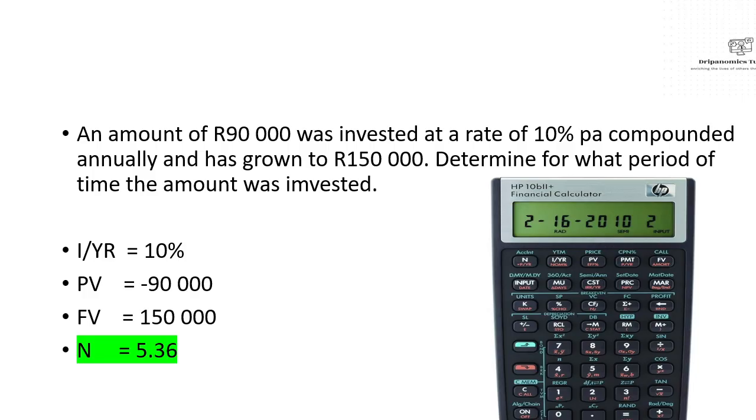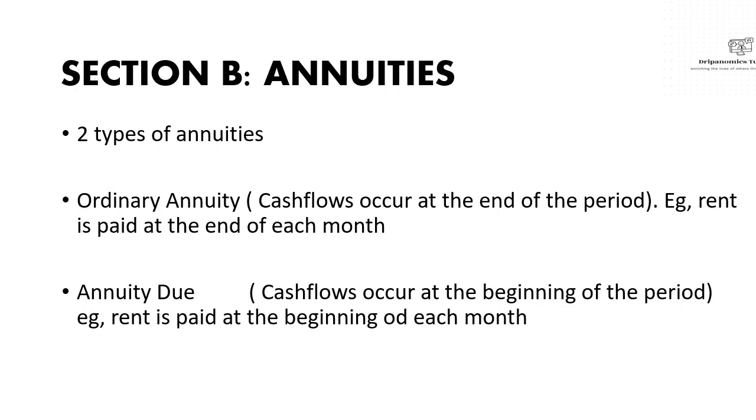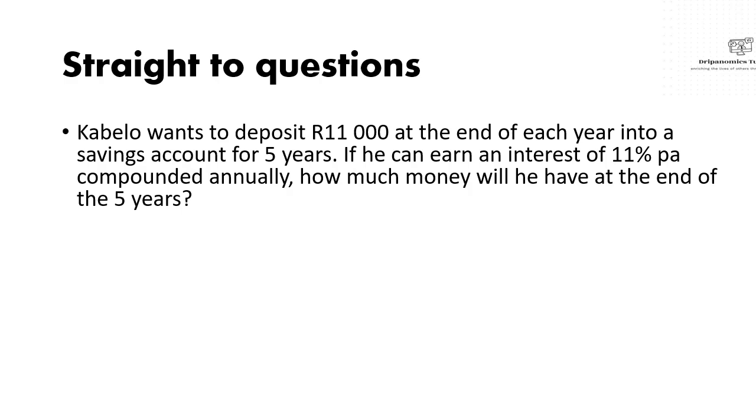There were no equal payments being made, right? It was just 90,000, and then at the end is 150,000. That money grew in value, right? But in annuities, there are amounts that are being paid each and every period. So that is the difference. That is what should tell you that something is an annuity, if you see that there are equal amounts being paid. Okay, now let's look here.